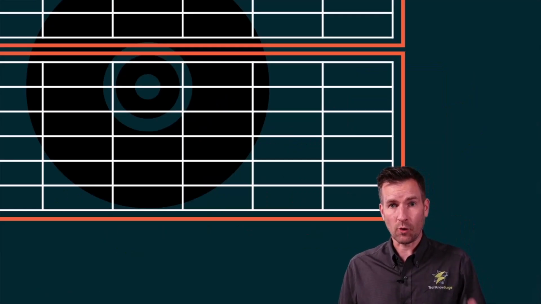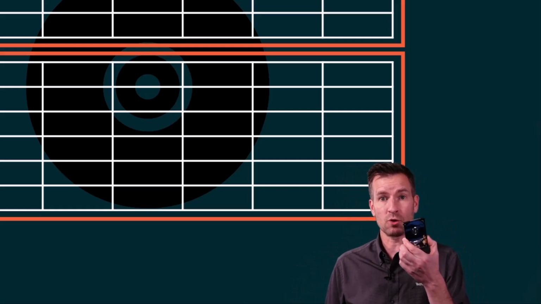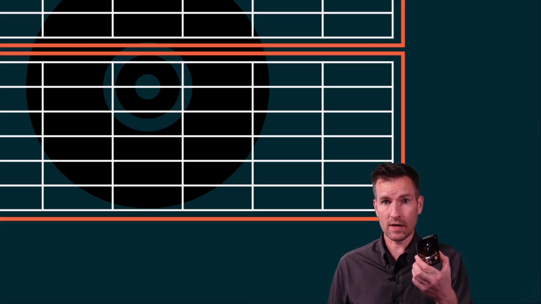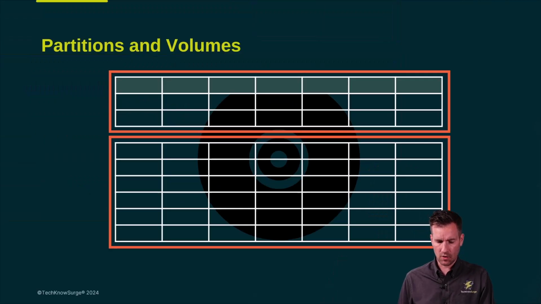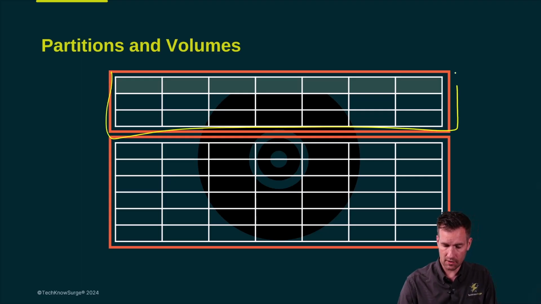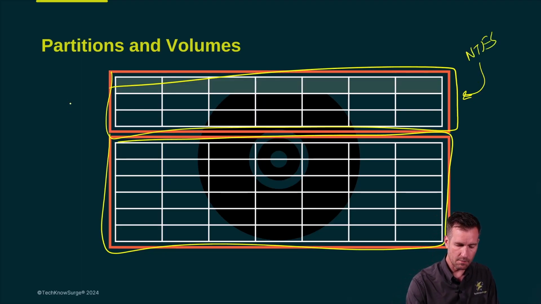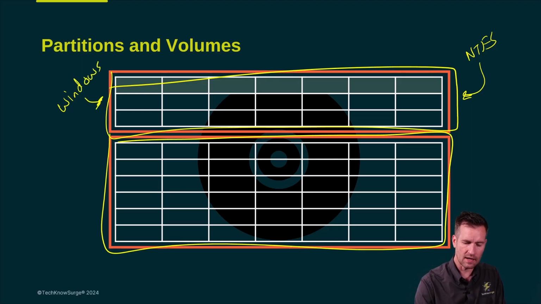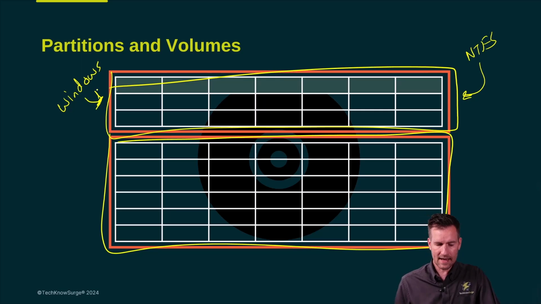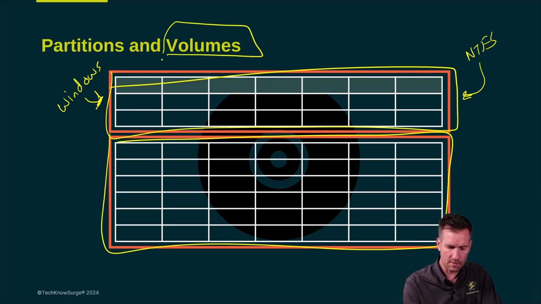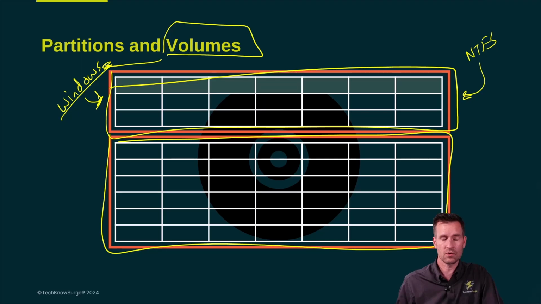Here's an example where maybe we have a storage device that we want to use for booting up, but we want to boot up to two different operating systems, Windows and Linux. So what we're going to do is partition this drive into two different partitions. Maybe we format this first one as NTFS during the install process of Windows. And so now we have a Windows partition that's all set up and formatted, and it now becomes a volume that's accessible once Windows is installed and booted up and we're inside Windows.